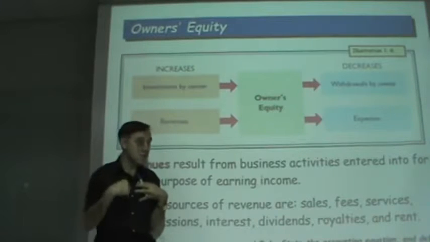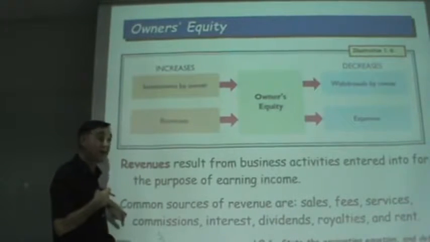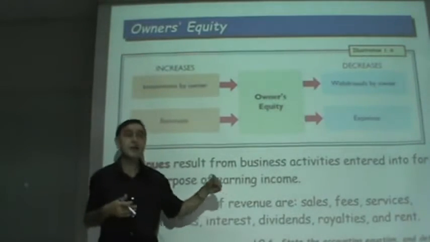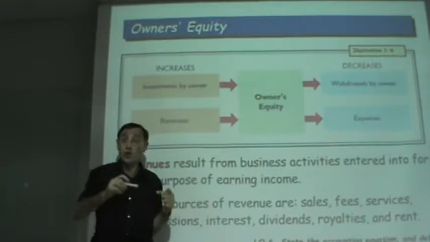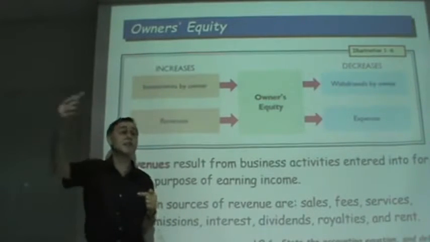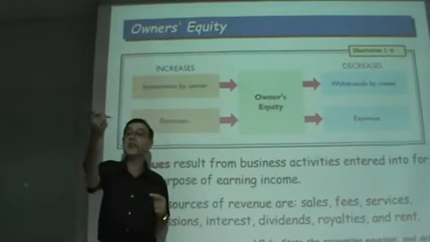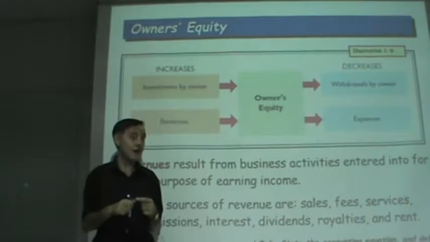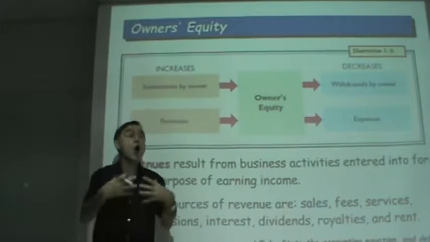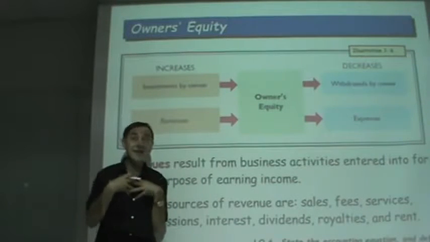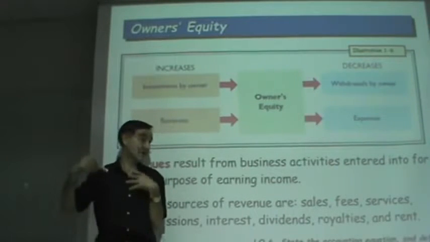When they pay you money, you receive revenue, and it's a rent revenue for you. So you can pay rent, and it's a rent expense, or you can receive rent, and it's a rent revenue. It depends on who owns the real estate and who pays the rent.